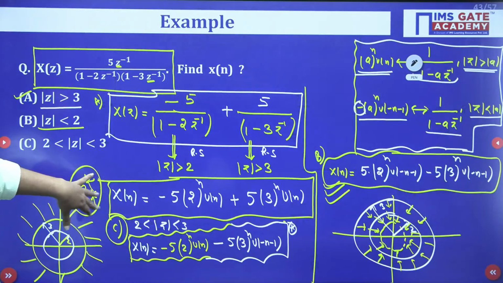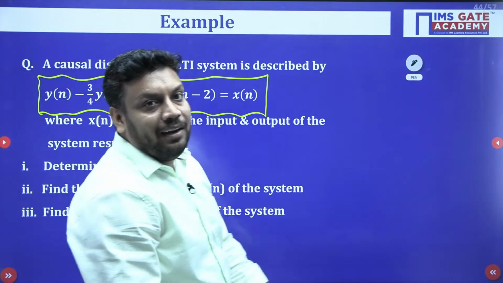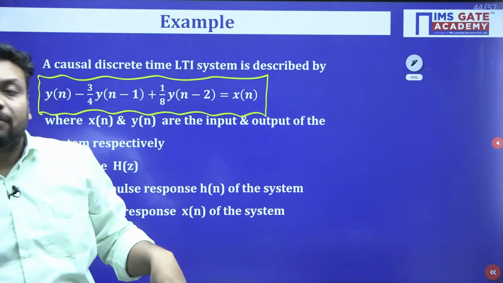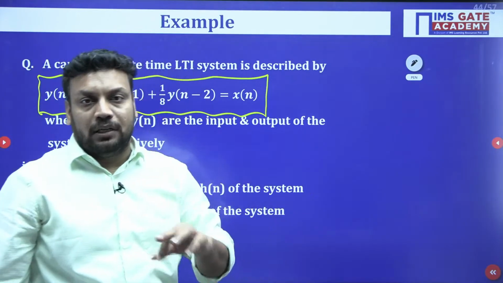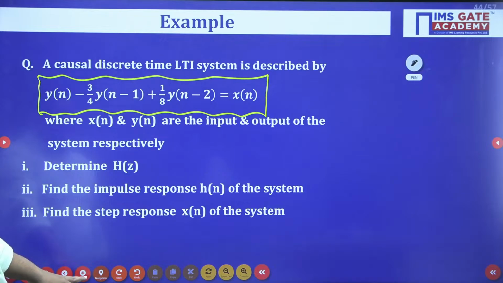Now whenever any difference equation is there, you should take the Z transform. Whenever any differential equation, then Laplace transform in continuous time domain. Whenever we have discrete time domain, then we have a difference equation.